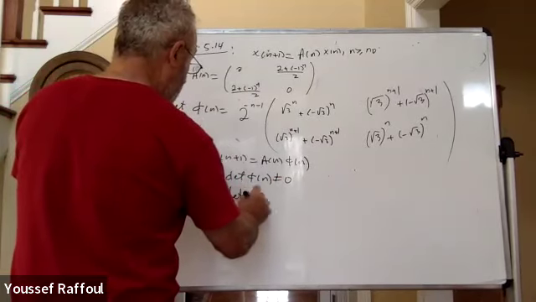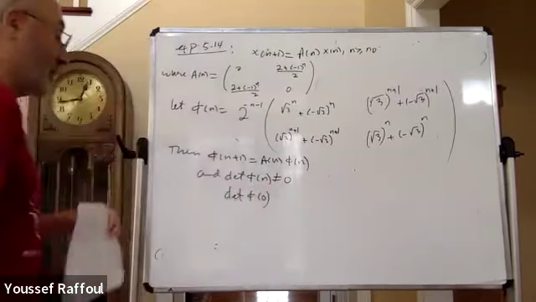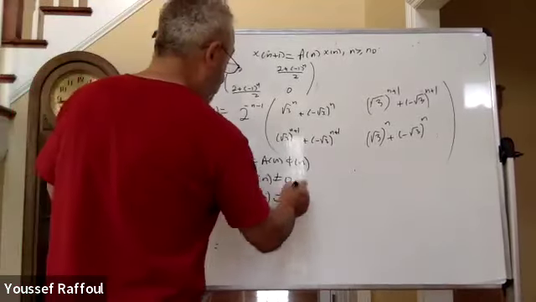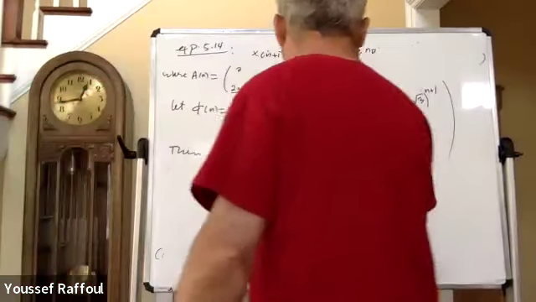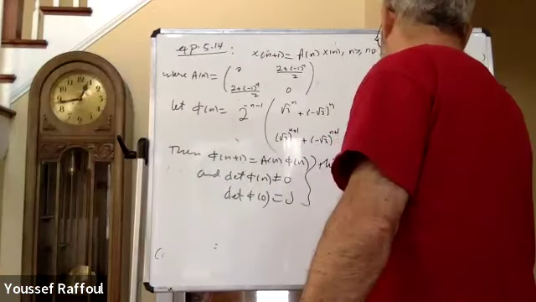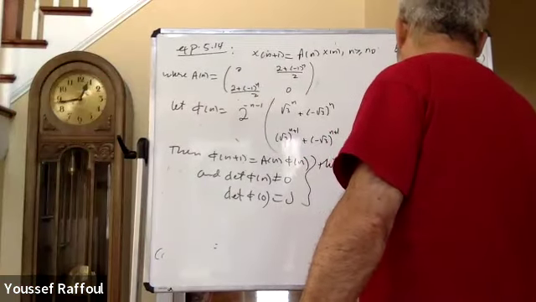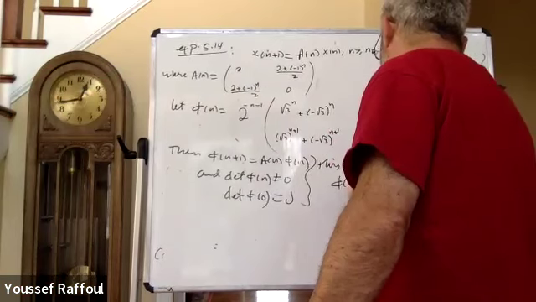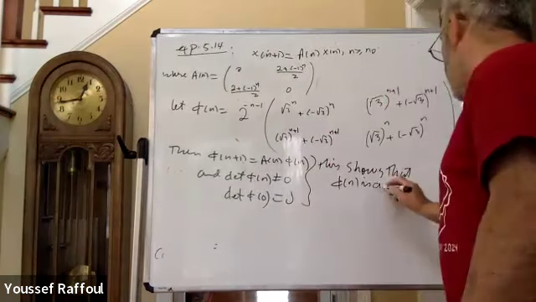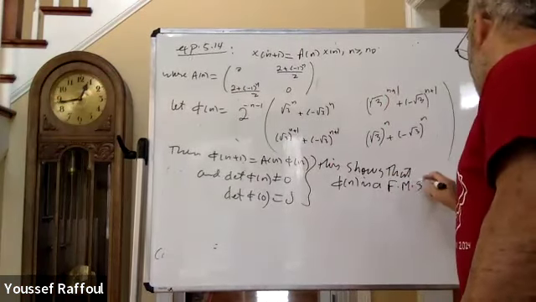For example, you can do it at phi_0 if you like. It is different from 0. This shows that phi_n is a fundamental matrix solution.